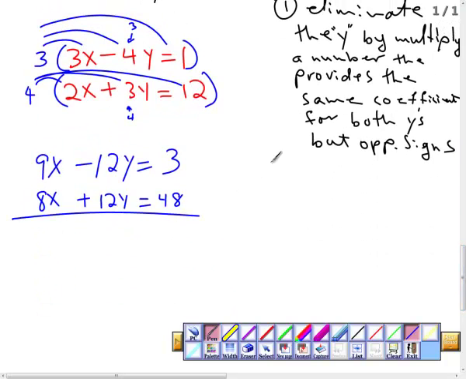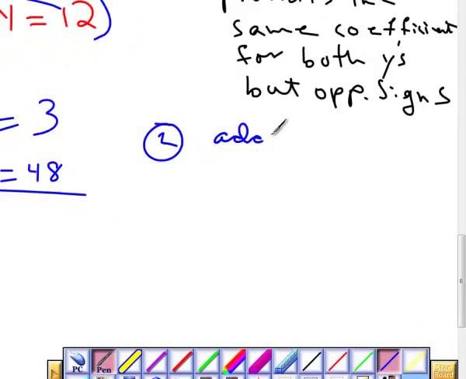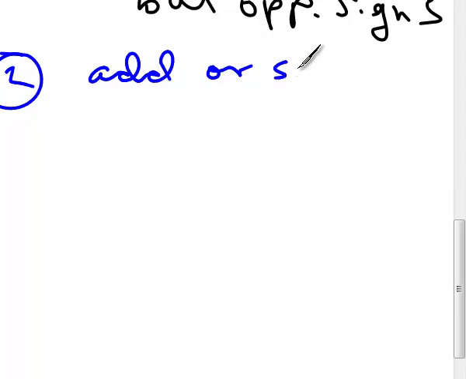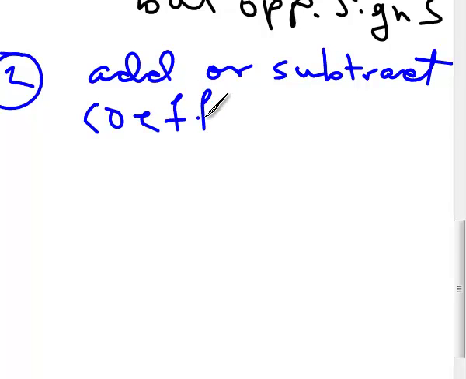Okay, the next step is we're going to add or subtract coefficients, and the last numbers on the other side, to eliminate the y's.